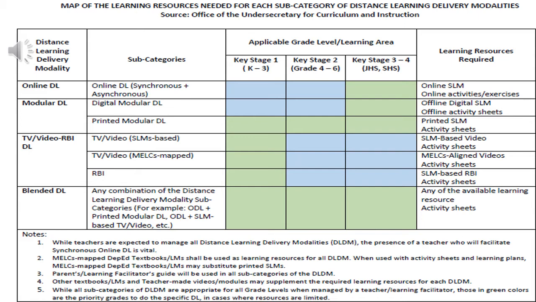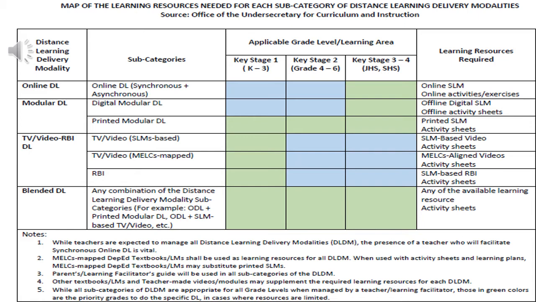These concepts were also discussed before. Let us just take a glimpse again for clarifications. The first distance learning delivery modality is online DL, which requires digital devices such as laptops, tablets, smartphones, desktop computers with available and stable internet connection.